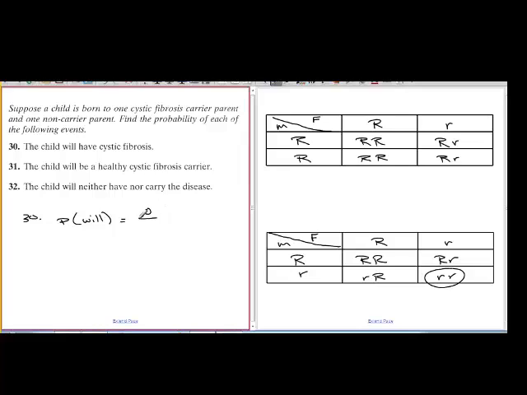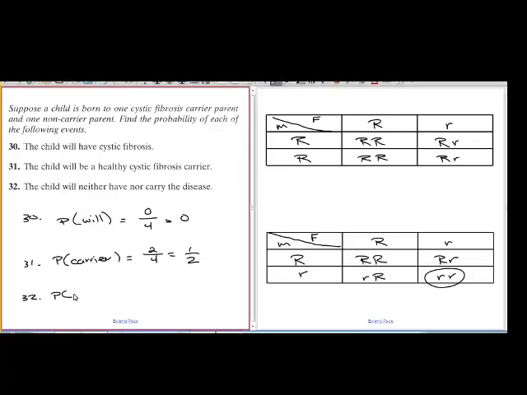Well, you have to have both recessive genes. In this case, there are 0 of these combinations that have 2 recessive genes out of 4. So the probability in this situation is 0, which is what happened with my daughters, except it was the mother who had the recessive gene. The probability of being a carrier, healthy but carrier, is when you have one dominant gene and one recessive gene. There are 2 cases where they are healthy but have the recessive gene, so it's 1/2.